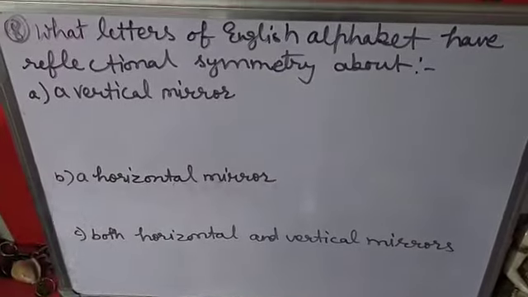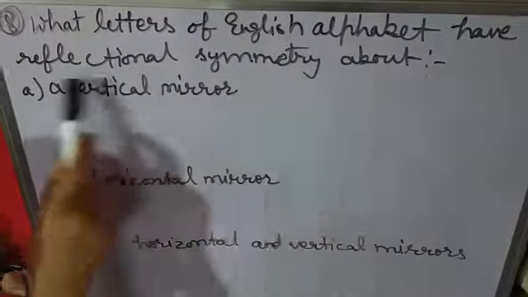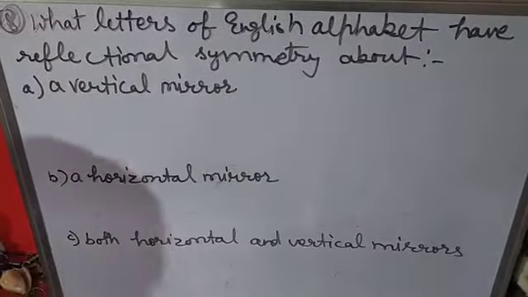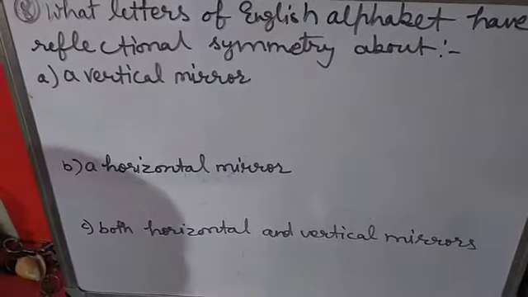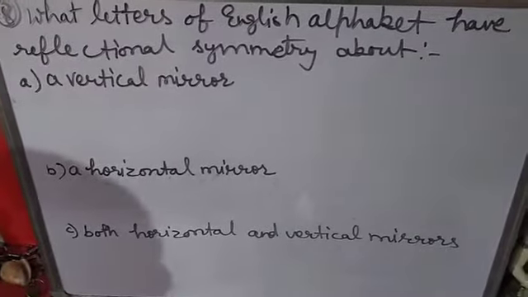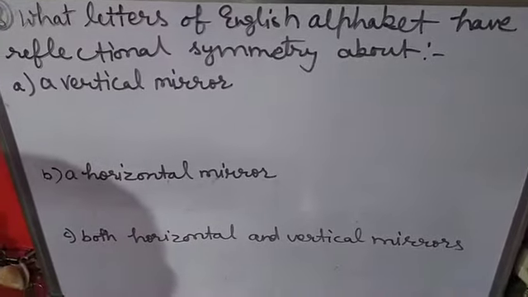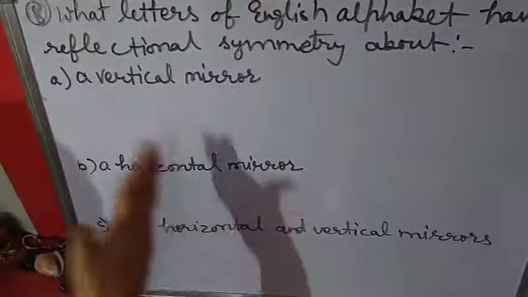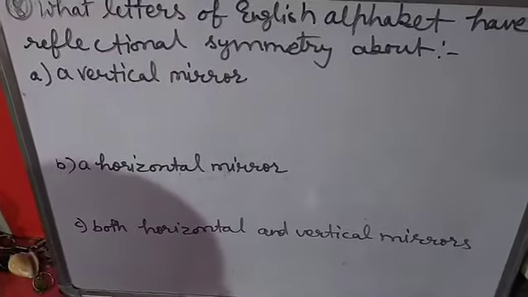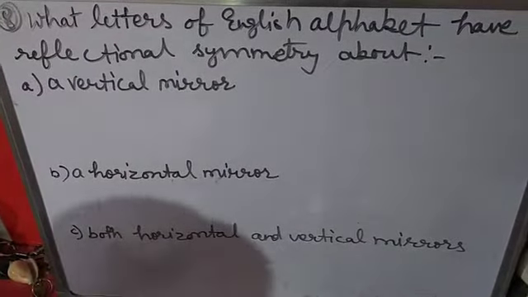Eighth question, what letters of English alphabet have reflectional symmetry about? First is a vertical mirror. It means you have to write the letters in those. You have to write those letters in which we can draw a vertical symmetry line. Okay? So which are those alphabetic letters?